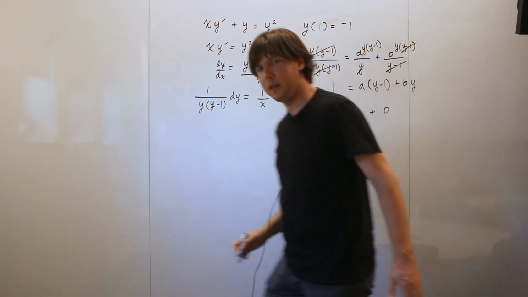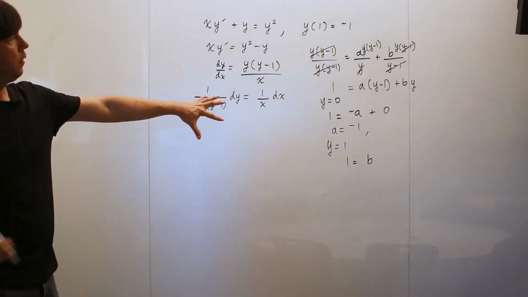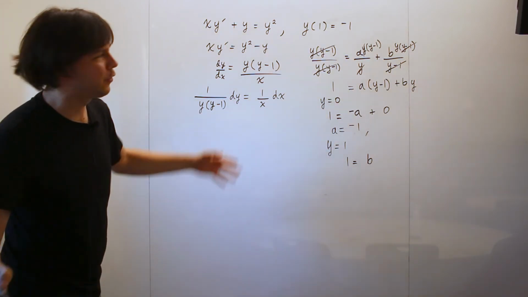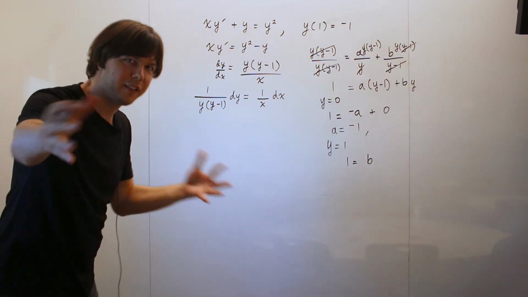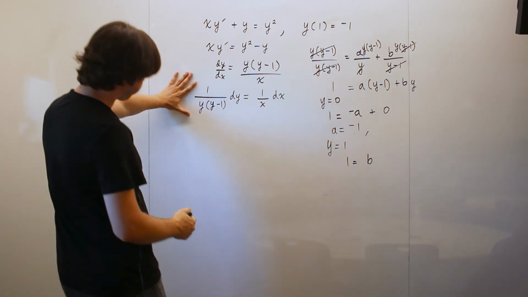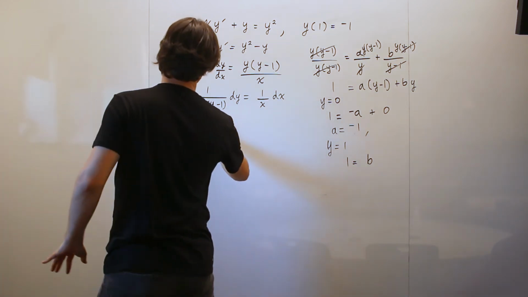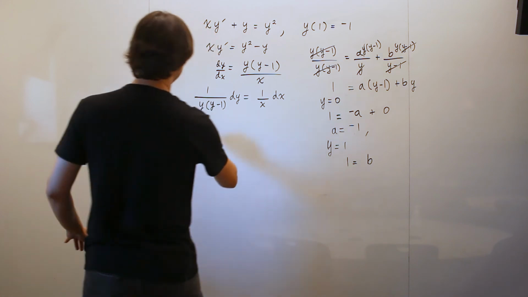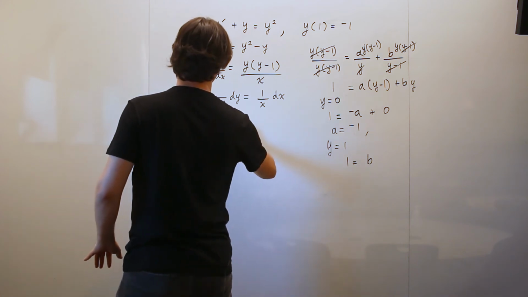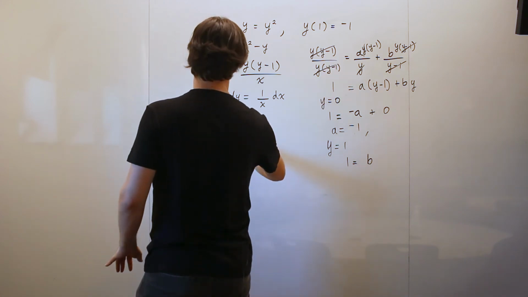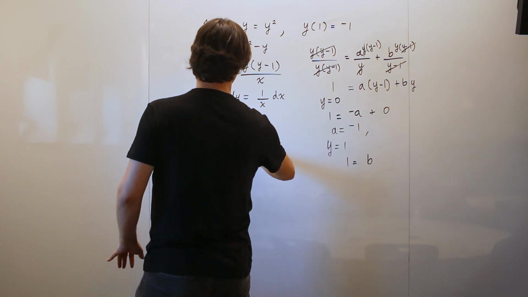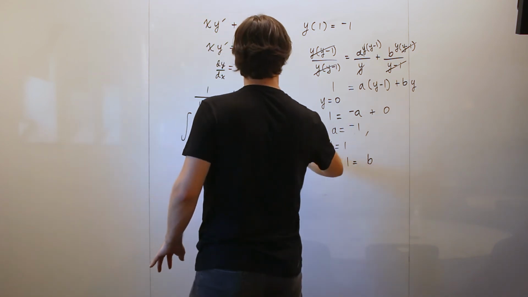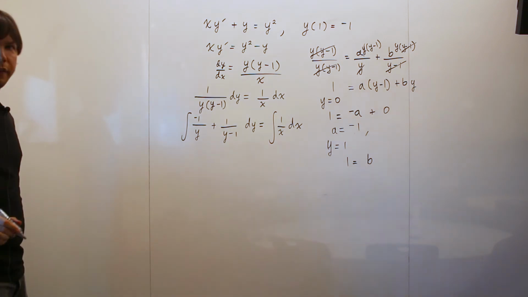Okay, now I can integrate because I've got it decomposed into nice terms. I know it doesn't look nice from looking there, but it's good. All right, so over here we have −1 over y plus 1 over (y − 1).